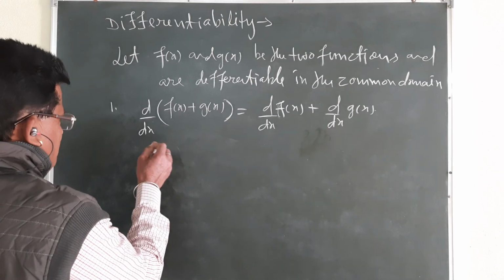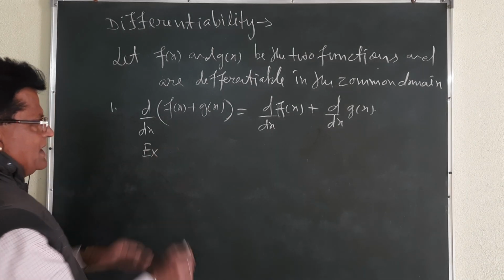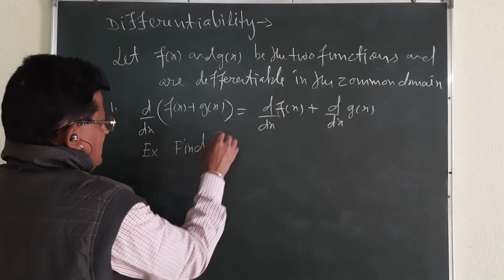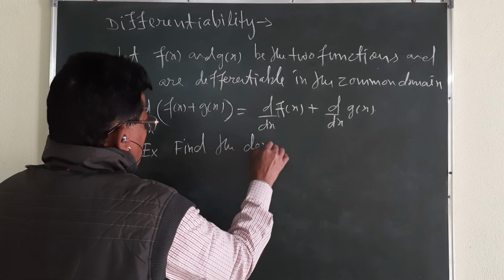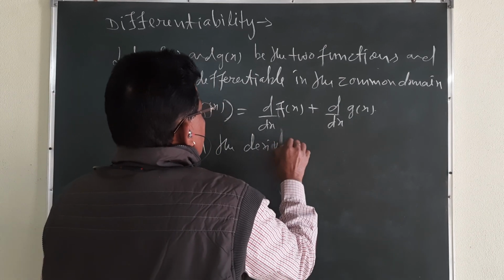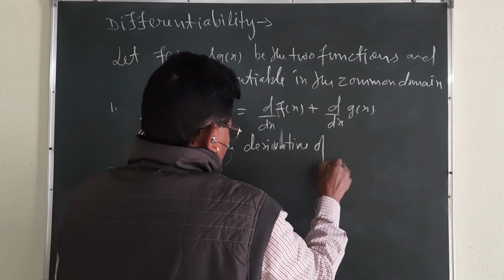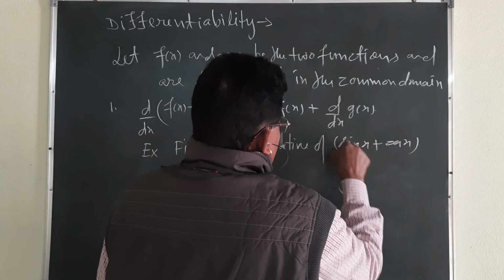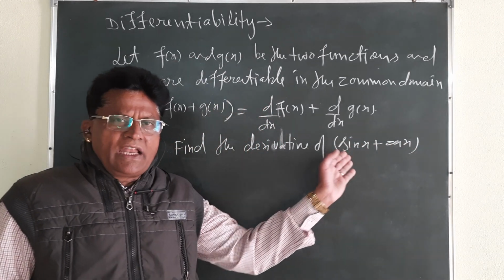Okay, let me take the example. Suppose the question is given: find the derivative, or differentiate, sin x plus cos x, where x is the variable, with respect to x.